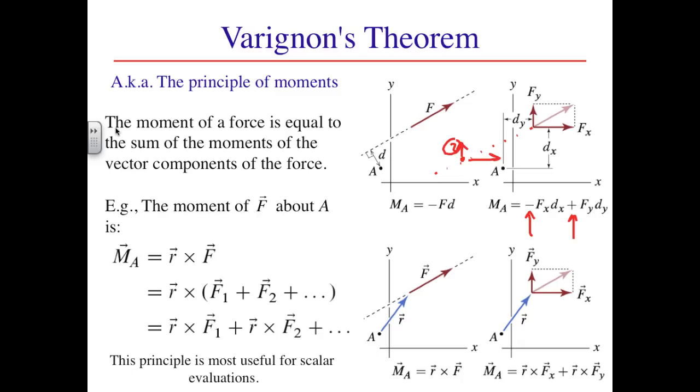A second important point is that the decomposed components must have lines of action that intersect the original force's line of action. From the perspective of vector decomposition, you might be tempted to put Fy over here. It's certainly a legitimate form of decomposition to form a resultant vector by adding components head to tail.